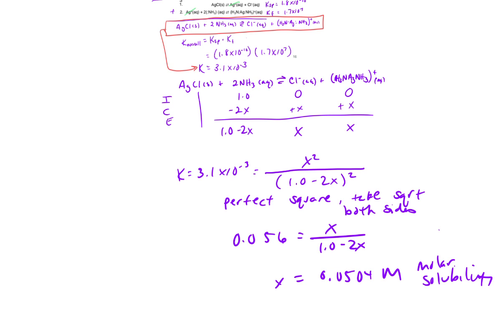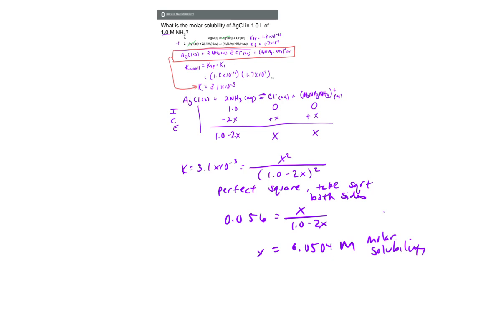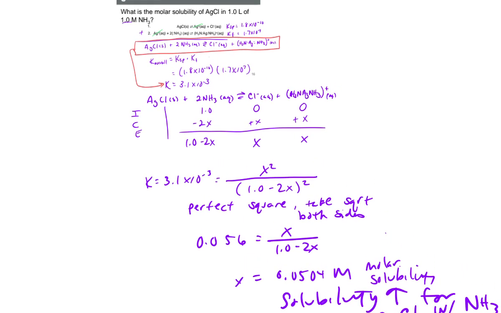It was tiny. So you can see that the solubility of the silver chloride increases when there's ammonia present, and that's because it's able to form that complex ion. Does that make sense? Questions?